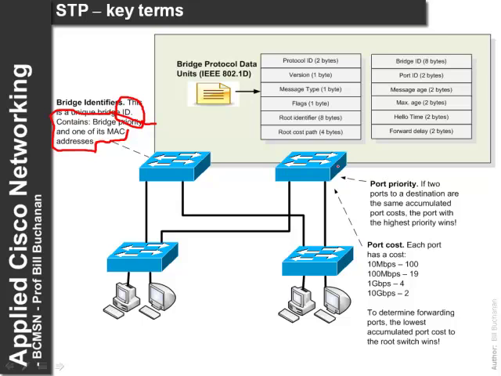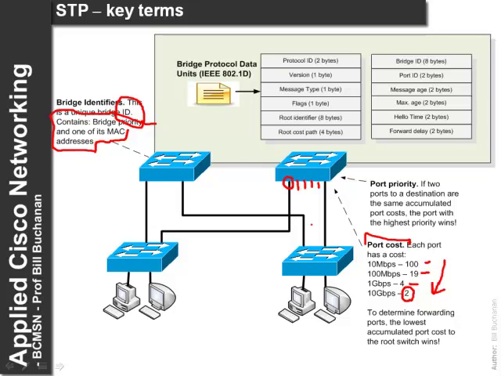Each port themselves has a port priority, and if there are multiple ports on the switch, then a port can be allocated as having a higher priority than another one. There is also a port cost, and a port cost will help to calculate the optimal route, and in that the higher the bandwidth possibility for the port, the lower the port cost. So when routes are calculated, then the port cost can be taken into account.